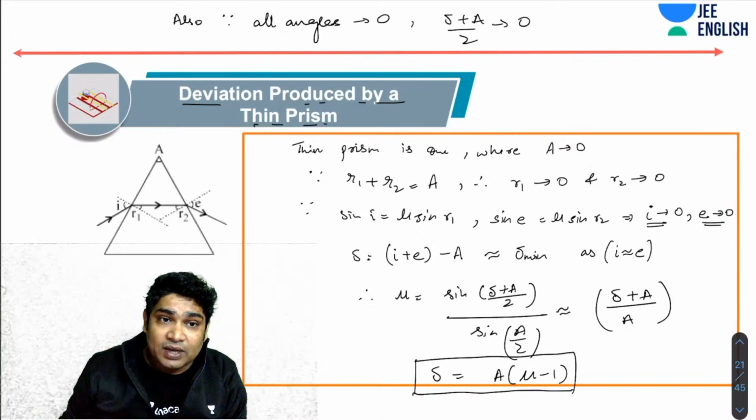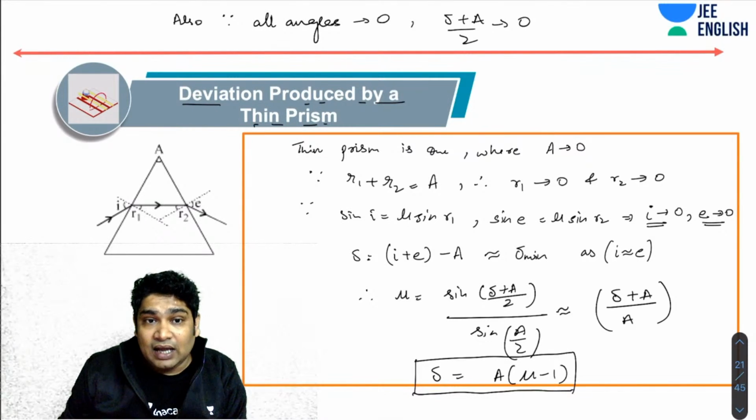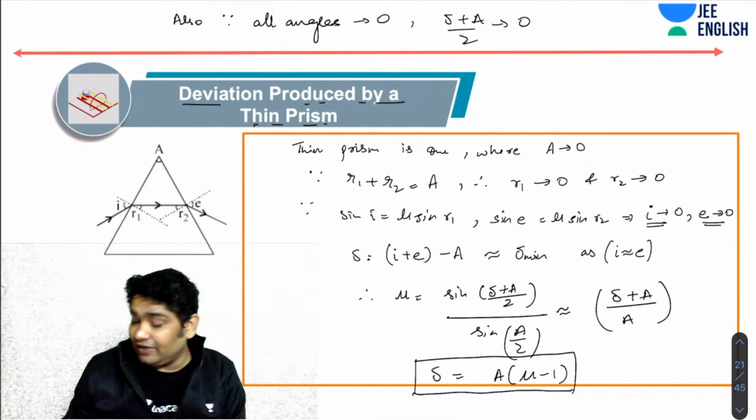So the deviation produced by a thin prism depends on the angle of the prism and the refractive index. Very important formula.